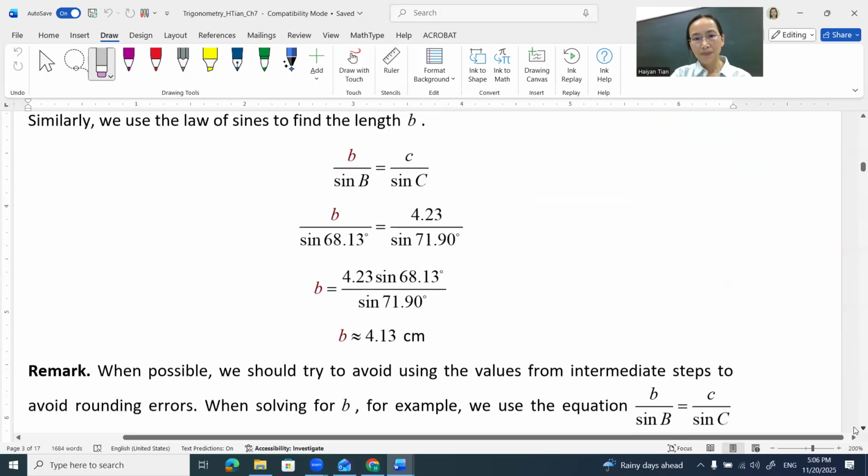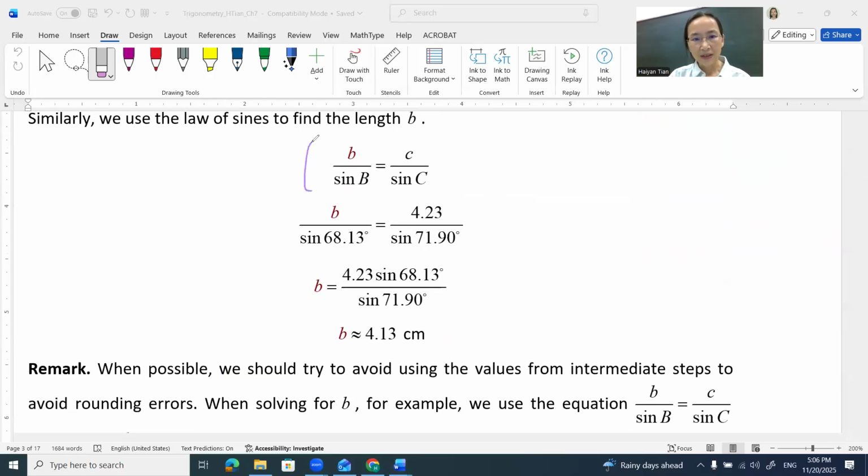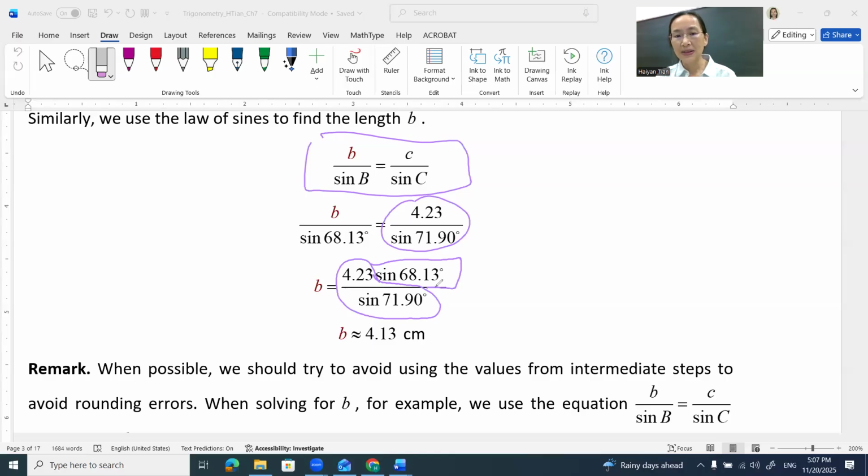So this is the equation, and then multiply both sides by sine capital B. Then you see the right-hand side will be this one multiplied by sine capital B, which is 68.13 degrees.